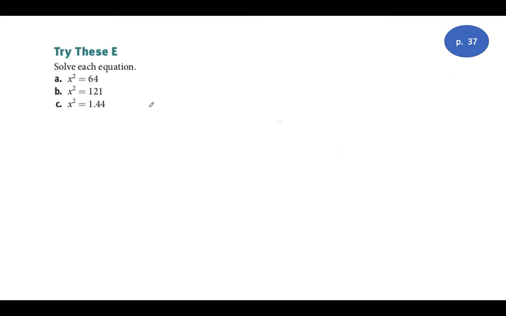Now we have x's involved. The whole reason you're learning that squaring and square rooting are inverses of each other is so that you can solve equations like this. Let's go back to 7th grade for a minute. When you had x plus 5 is equal to negative 2, you're trying to get x by itself to solve this equation. You're going to get rid of this 5.